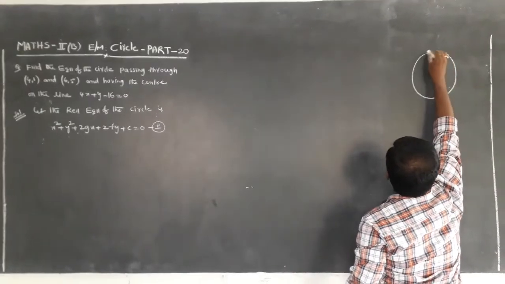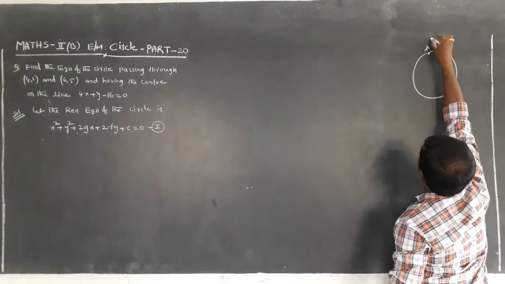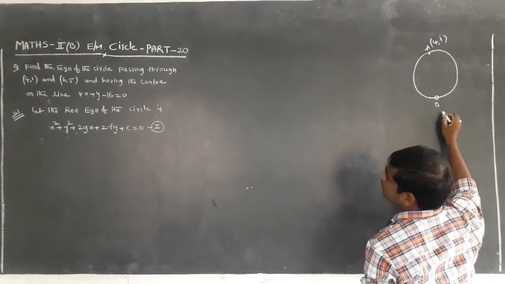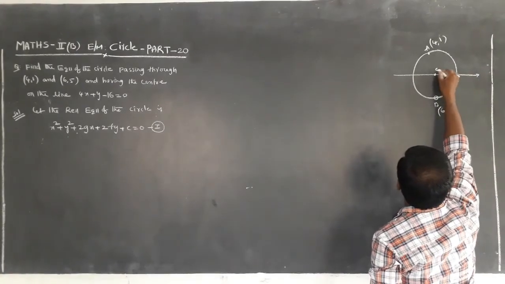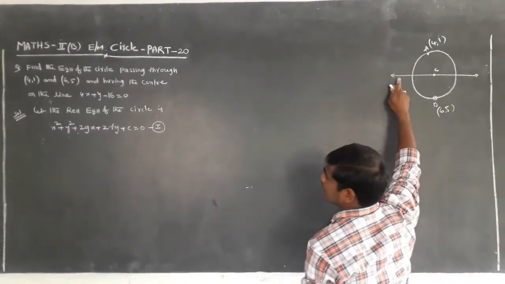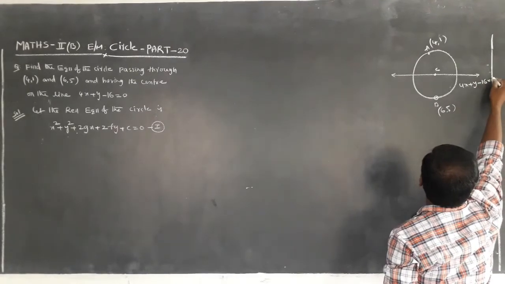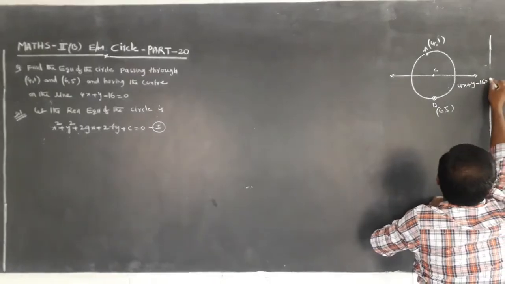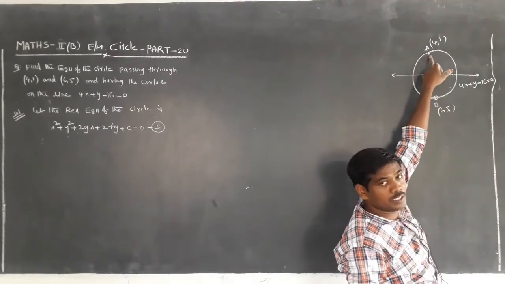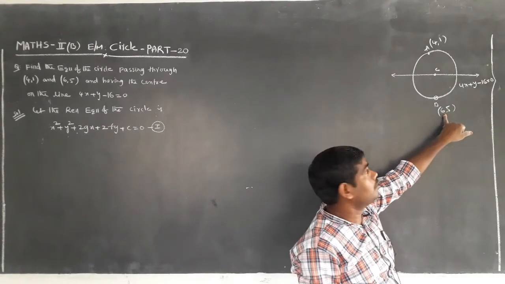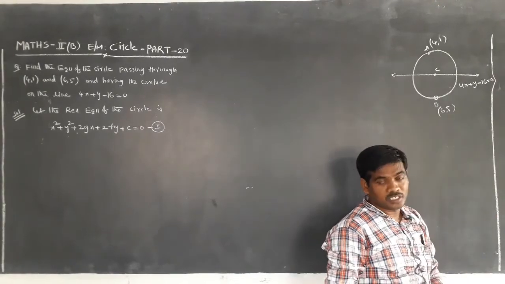This is the required equation of the circle passing through the points A (4, 1) and B (6, 5), with the center lying on the line 4x plus y minus 16 is equal to 0.